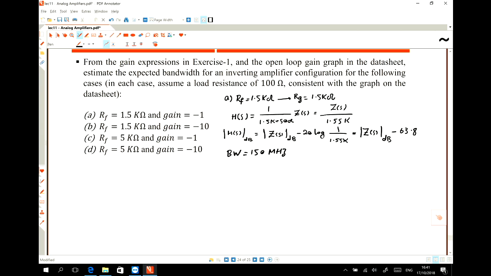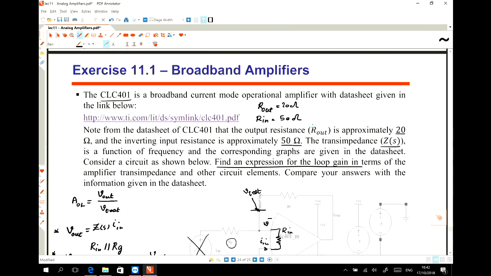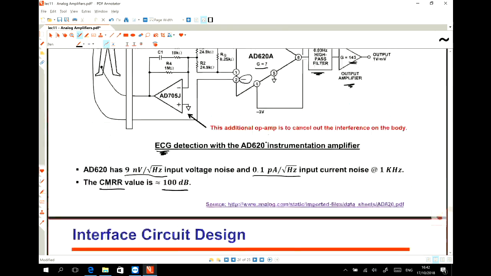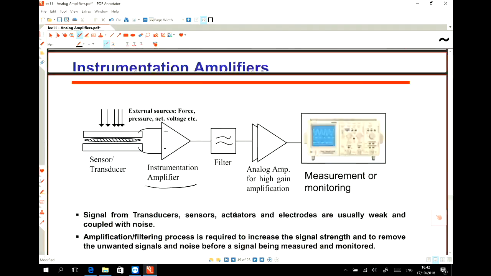In current feedback amplifiers, it depends on the value of the RF. We can have a gain of -1 with another value of RF, but the bandwidth is different, because this Rin is important, as I mentioned just here.